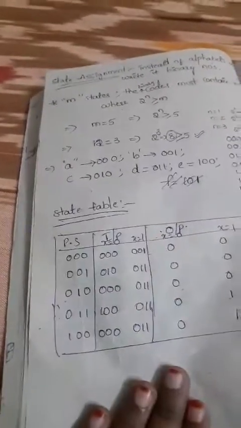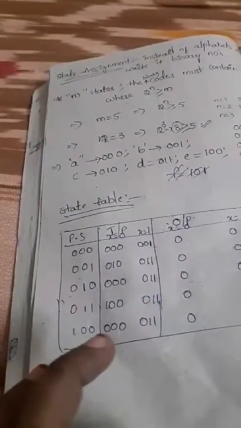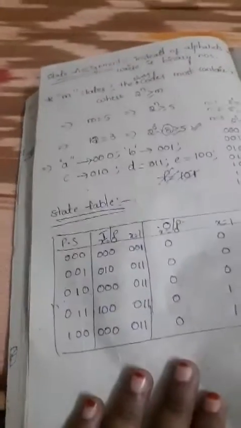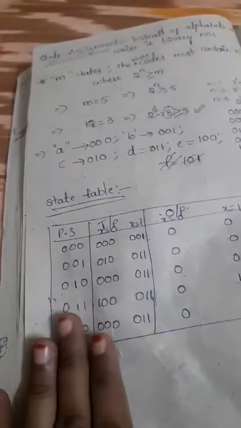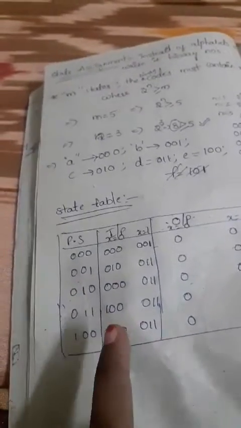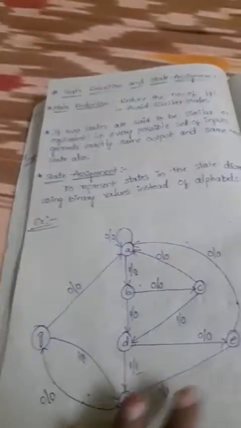Whatever states are represented in alphabets will be represented in binary codes, and that is called the state assignment method. After reducing the states, we go with the state assignment method, which consists only of binary codes. So this is the state reduction and state assignment method.